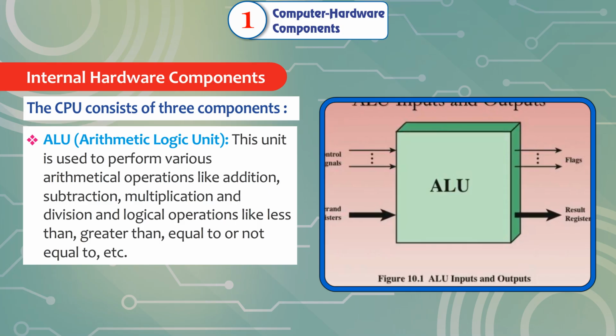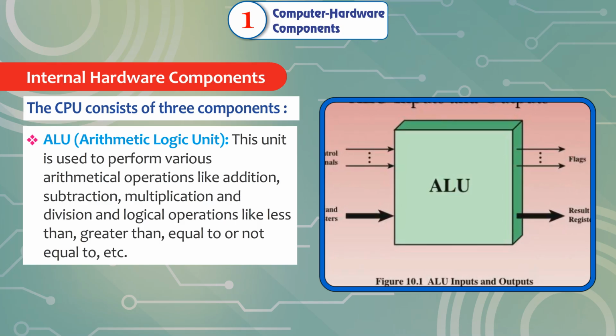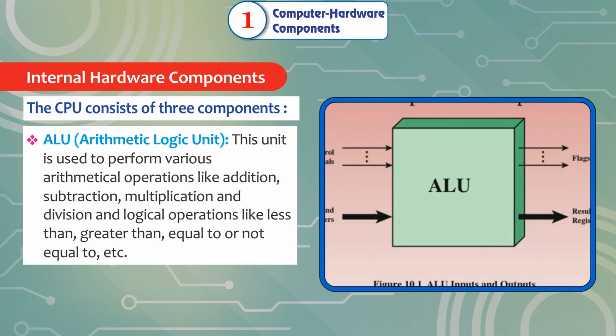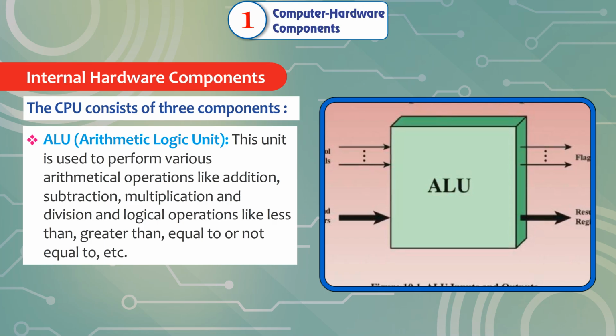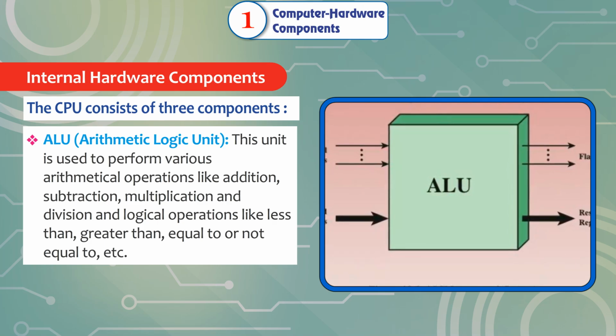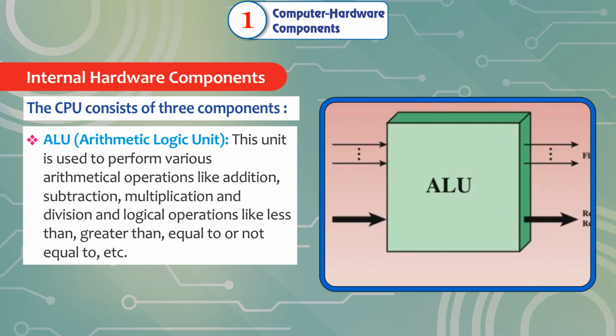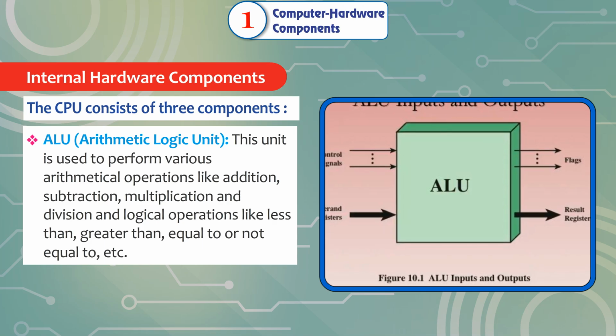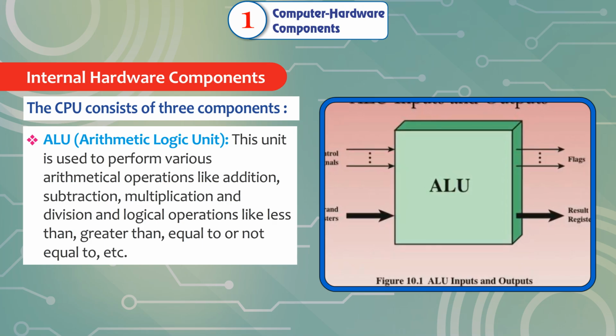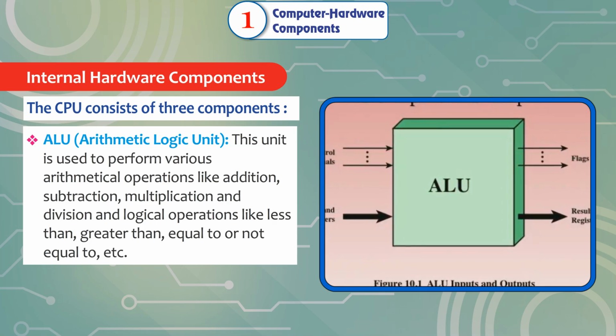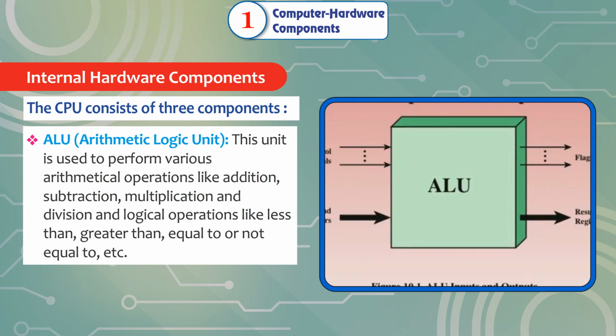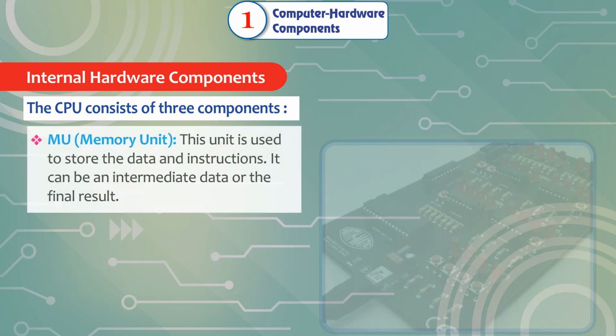ALU, Arithmetic Logic Unit. This unit is used to perform various arithmetical operations like addition, subtraction, multiplication, and division, and logical operations like less than, greater than, equal to or not equal to, etc.